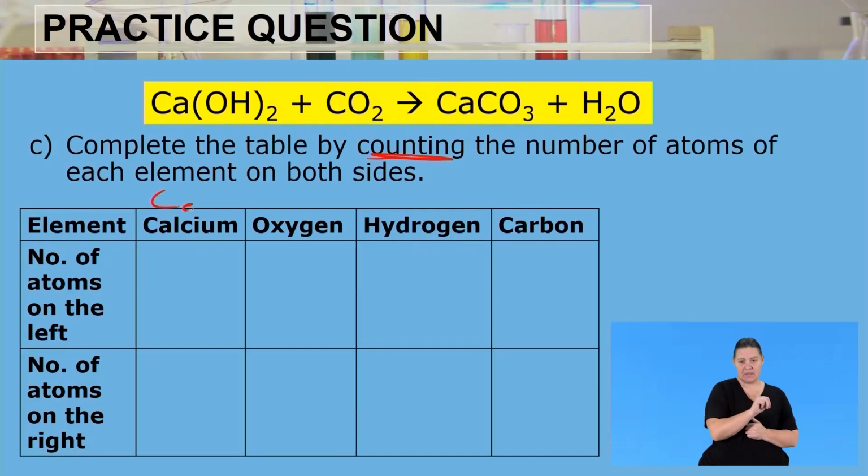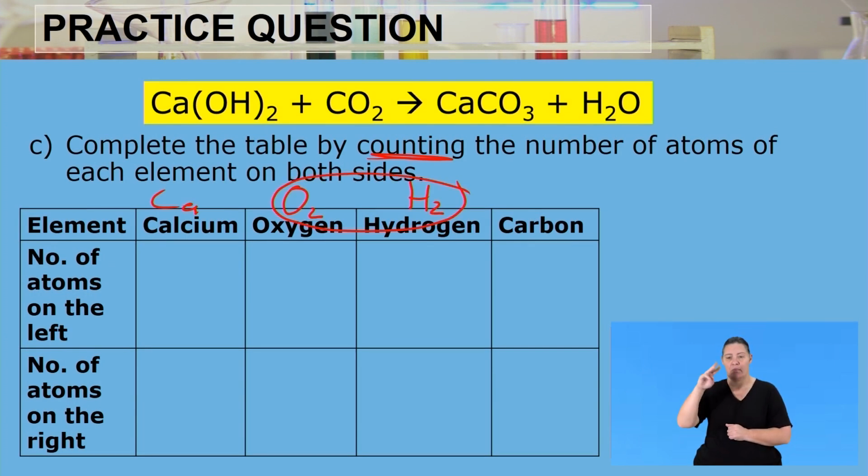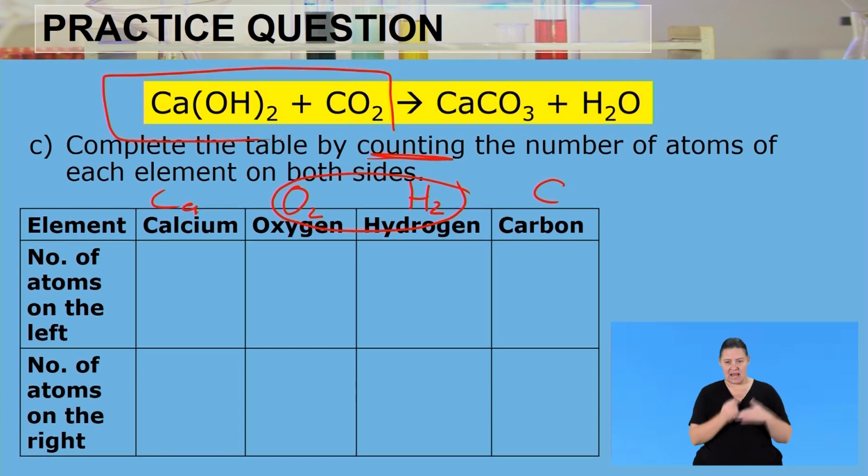So calcium is Ca, oxygen is O2, hydrogen is H2. Remember that these two are part of the diatomic molecules, and then carbon is C. So how many calciums do we have on the left-hand side? We only have just the one, so it is 1.